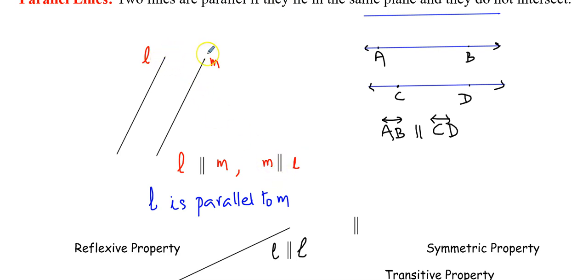Like this is parallel to that, so that is parallel to this. And what is the name of this property? We call it the symmetric property.